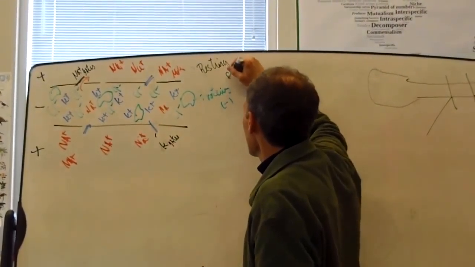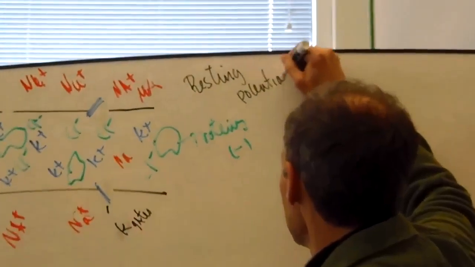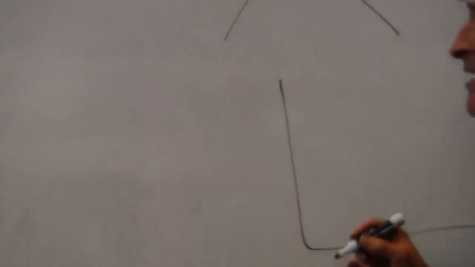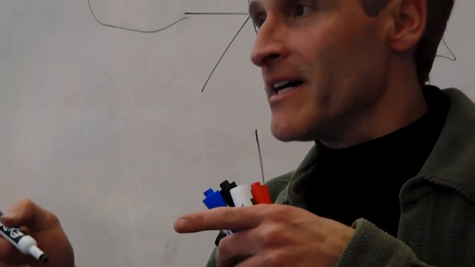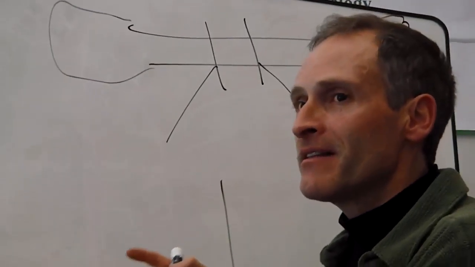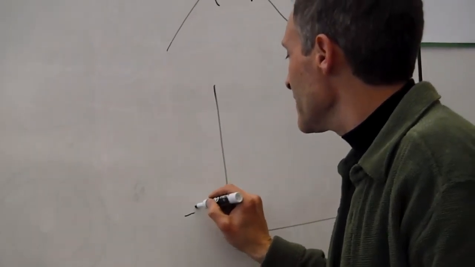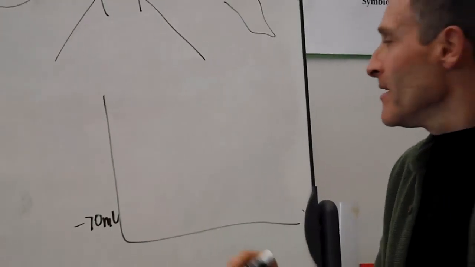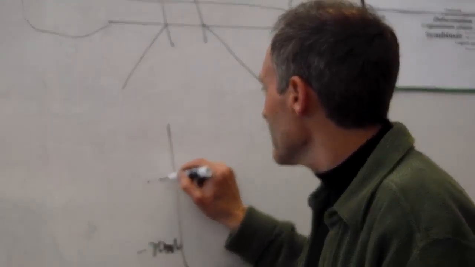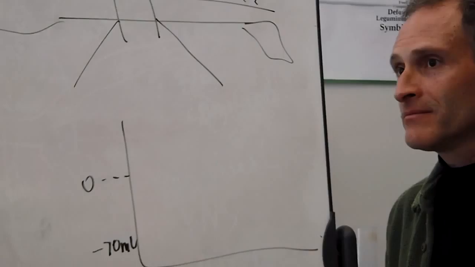Resting potential. Okay? Let me show you a little graph here of how we're doing this. Basically you put electrodes measuring the outside from the inside. And they found that the difference in potential was negative 70 millivolts, right? So let's say this is our 0 here, 0 millivolts.